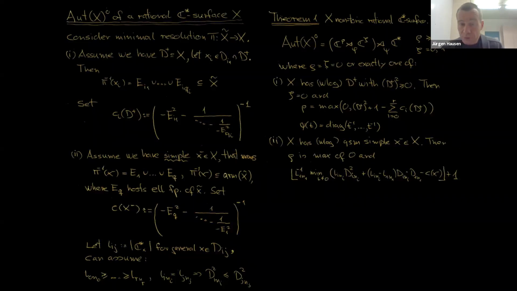Then we can say that rho is the maximum of 0 and a number which depends on some isotropy group orders Li,ni, and on self-intersection numbers Di,ni squared, and as well on intersection numbers between Di,ni, and it should be, yes.